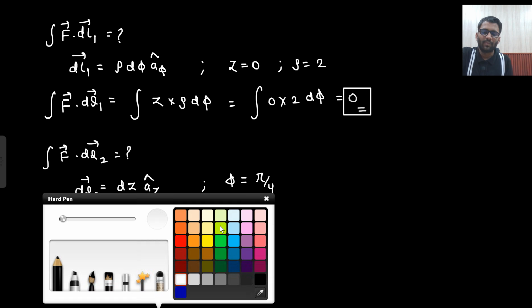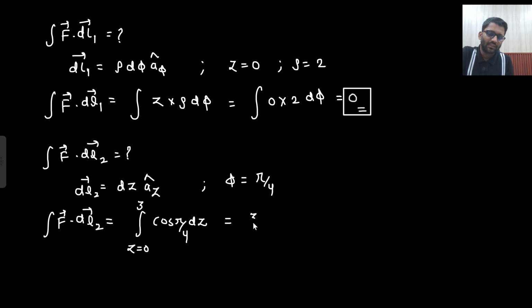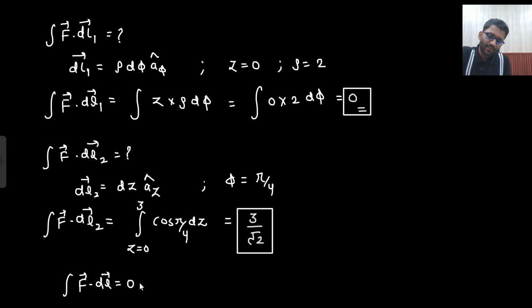And z is going from 0 to 3, so the answer will be 3 by root 2. So the other integration is coming 3 by root 2. So what will be the final answer? F dot dl will be 0 plus 3 by root 2, which equals 3 by root 2. That's the final answer.